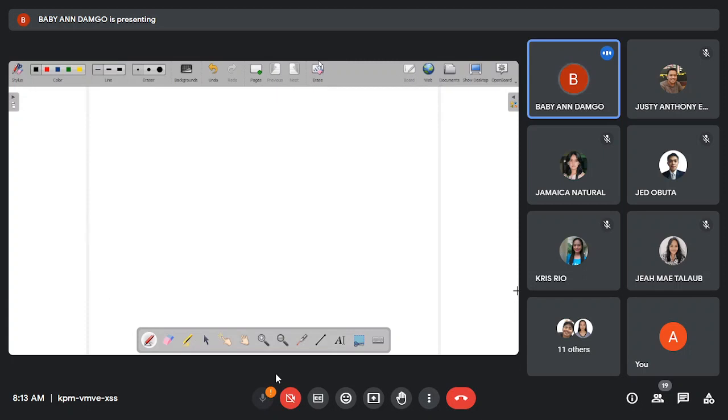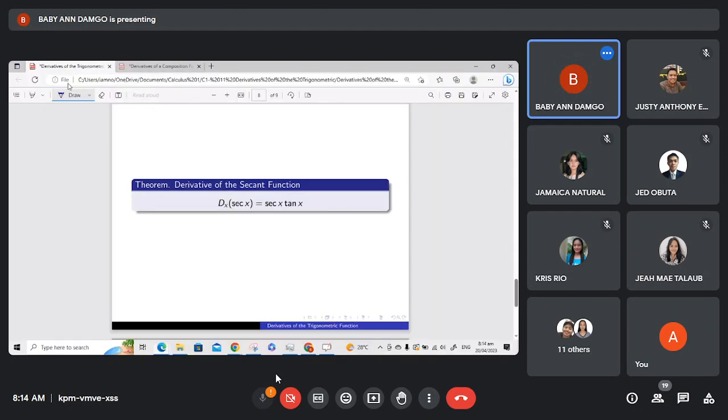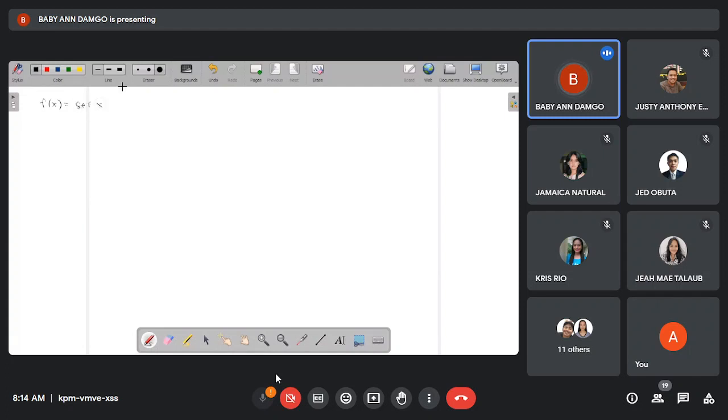So, if you have f of x equal to secant x, so, ang derivative ani is secant x tan x.